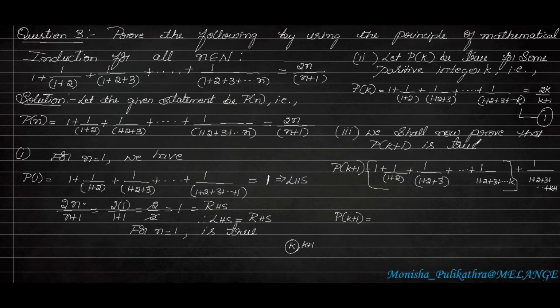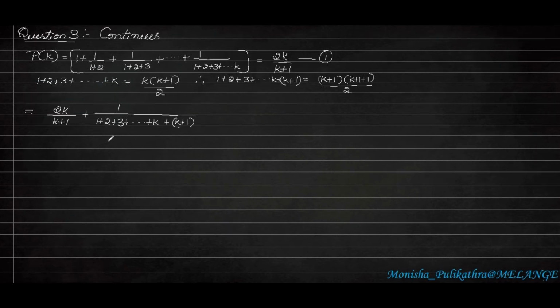Instead of this whole expression, because it is equal to 2k by k plus 1, we can substitute just 2k by k plus 1. So after that, this equation comes: 1 by 1 plus 2 plus 3 plus etc. We know that the first digit will be k and after that k plus 1 will come. Okay, so that is the sequence of it. So I will continue in the next slide.